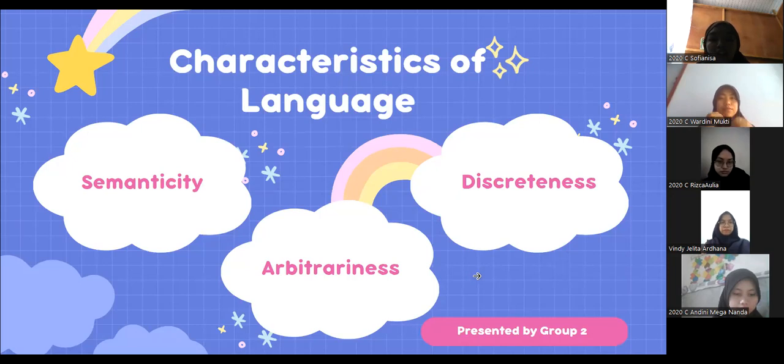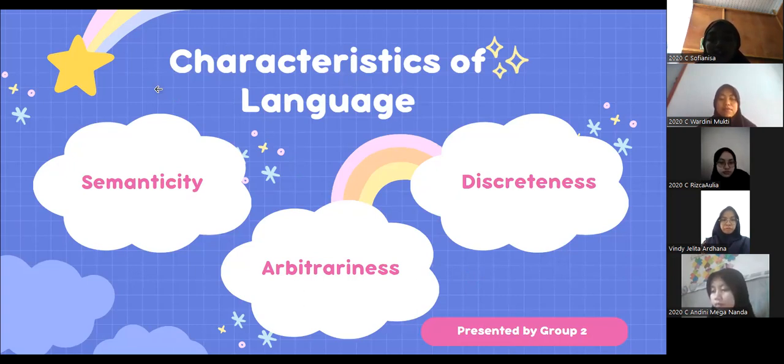The second is arbitrariness. It refers to the fact that there is no necessary relationship between an actual object or event in the world and the symbol that the language uses to represent that object or event. For example, the word that goes with an object need not resemble the real object in any way.